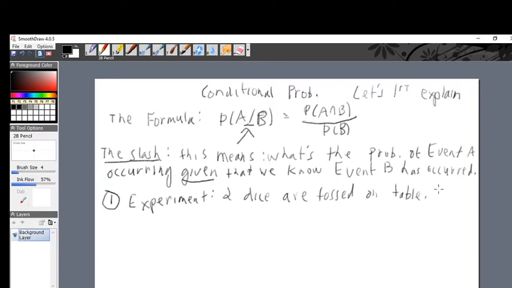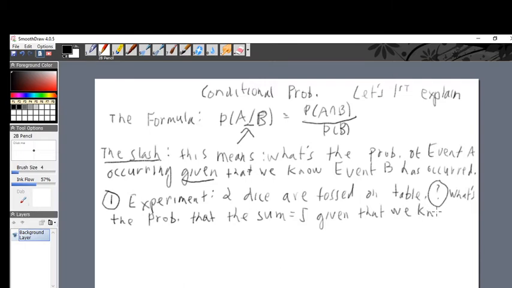What's the probability that the sum is equal to 5, given that we know that one of the dice is equal to 1?